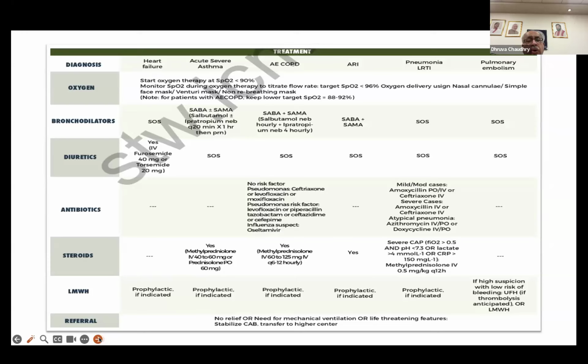And if you can exclude TB, then you can use quinolones. If you have a doubt of TB, please don't use levofloxacin or moxifloxacin. At that point, use a third generation cephalosporin, or preferably, if there is a Pseudomonas risk factor, as I told, structural lung disease, you may use piperacillin or ceftazidime with avibactam or cefepime.